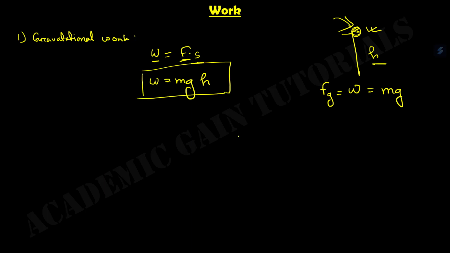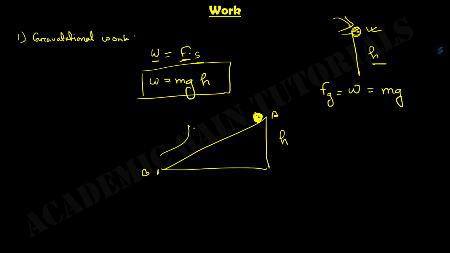Now suppose this is an inclined path, and an object wants to come from point A to point B. The height from the ground to point A is h, and x is the path the body has traveled.